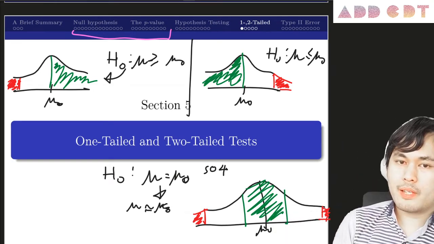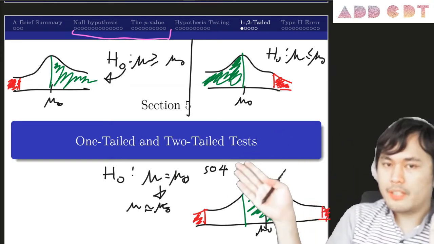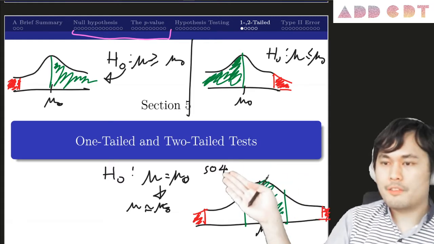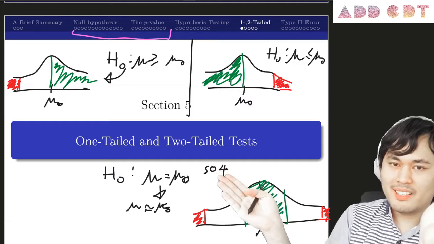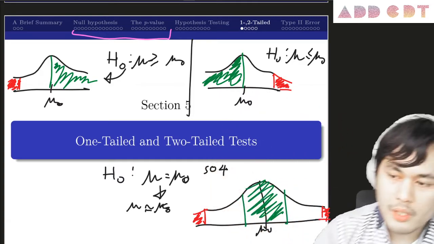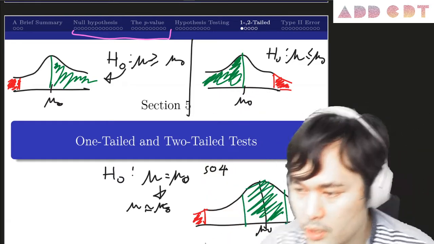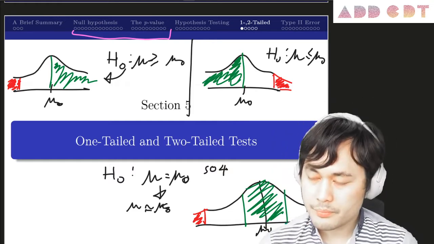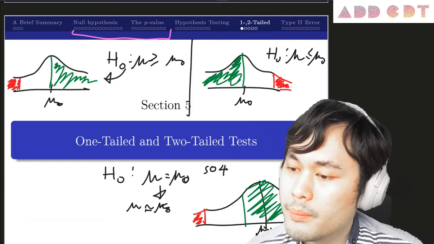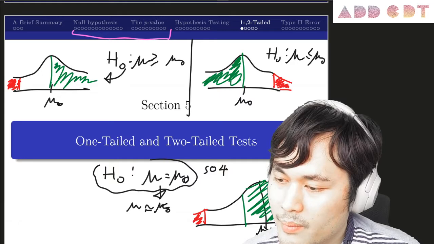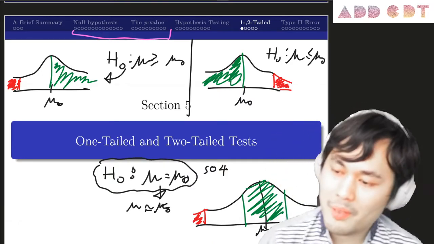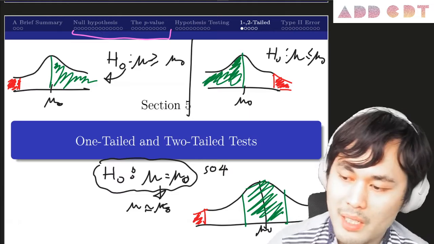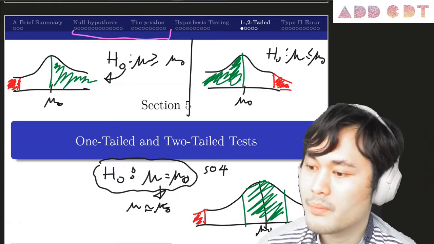From both the left side and the right side, if it's too high or if it's too low, then we're going to say, okay, that center should be wrong. So that's the difference, but what it means here is a little bit different from what it is expressing in math terms.